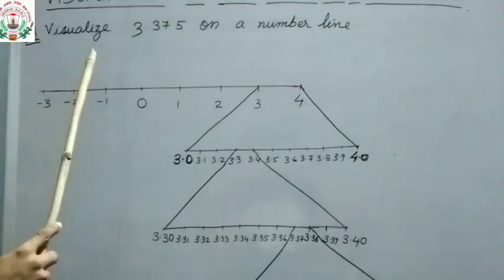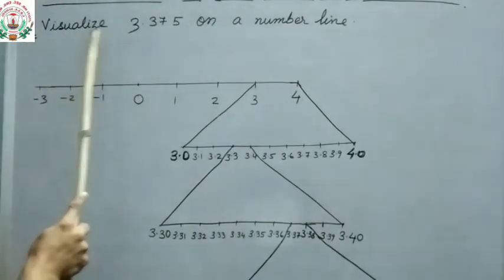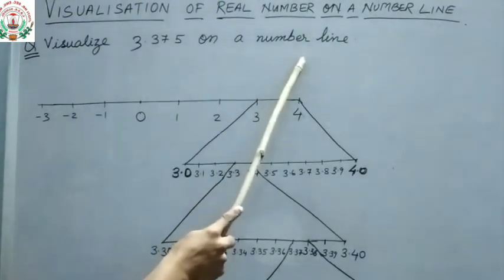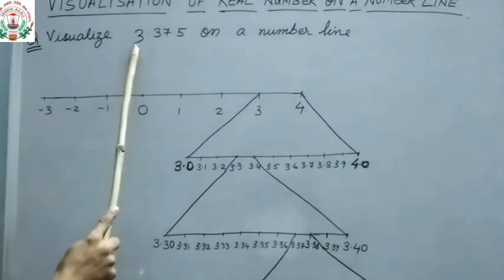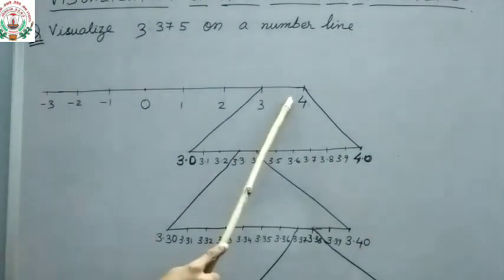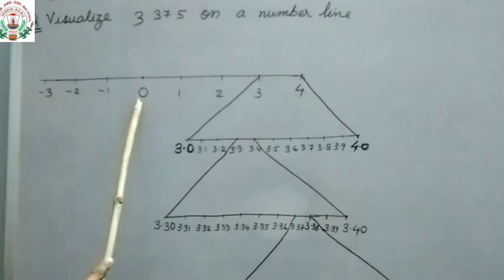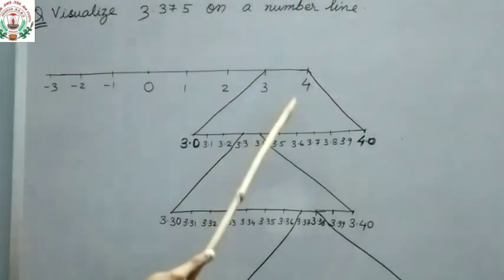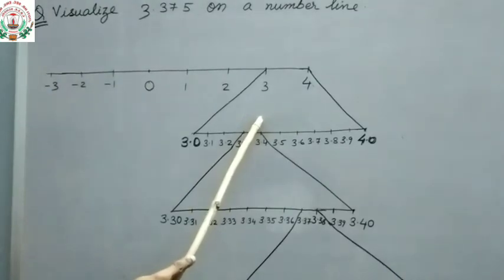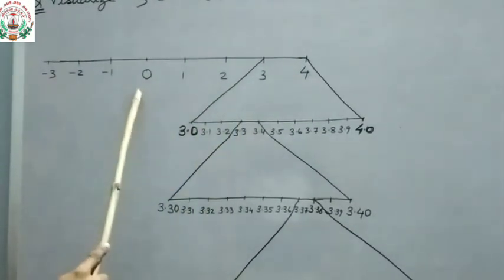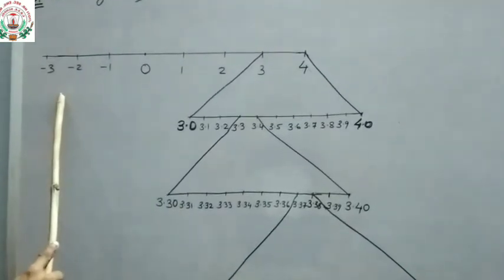Okay. The question is: visualize 3.375 on a number line. So you can see the first value, the whole number, is what? 3. So first draw a number line. In the center you give it as 0. To the right side of zero we will have positive values, and to the left side of zero we will have negative values.